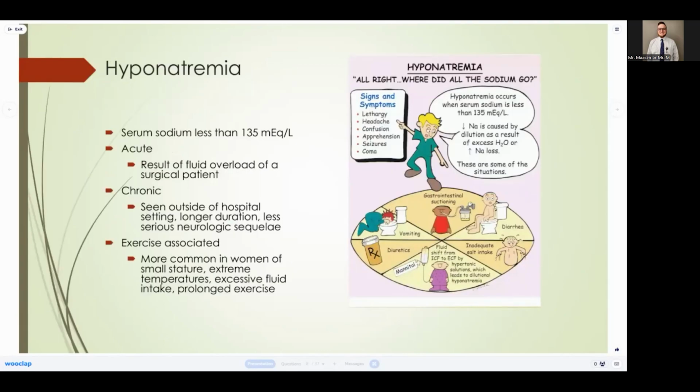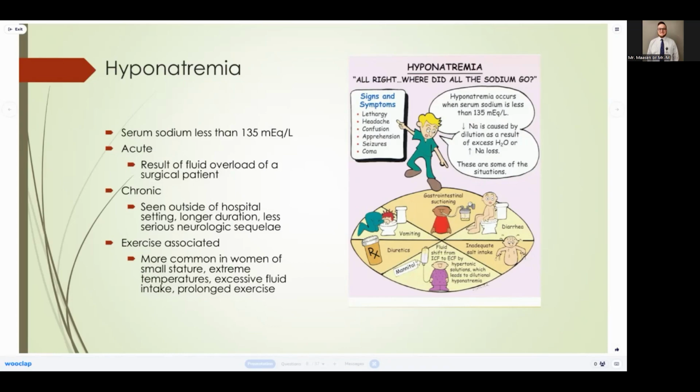So if I'm hyponatremic, hypo is low, Na is sodium, and emia is always about blood. So this is saying low sodium in blood. Hyponatremia is serum sodium less than 135 milliequivalents. For acute, this could be fluid overload.